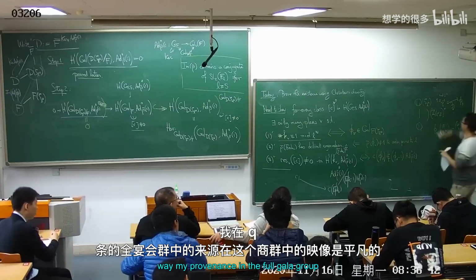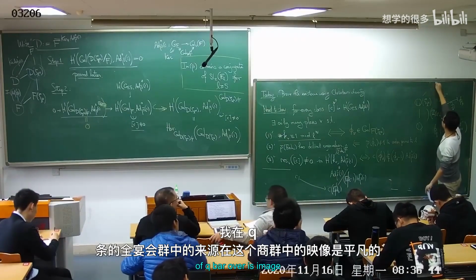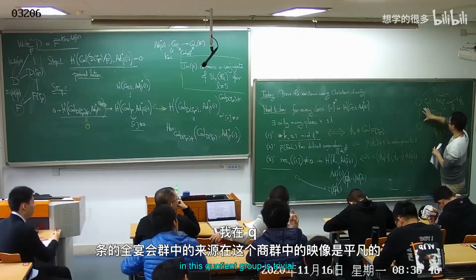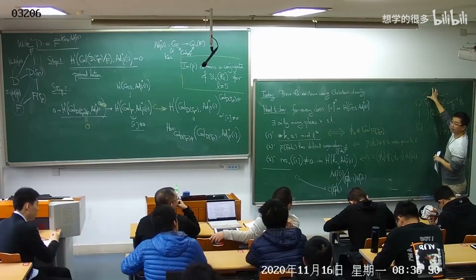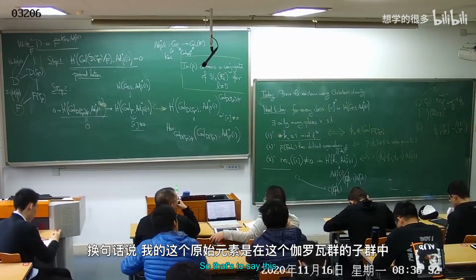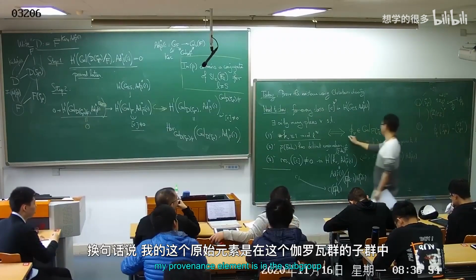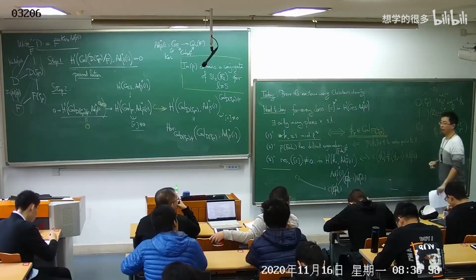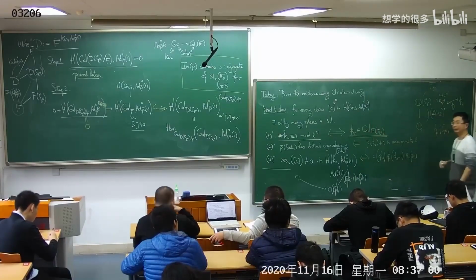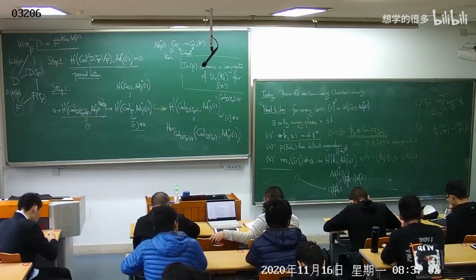Put another way, my Frobenius in the full Galois group of Q bar over Q, its image in this quotient group is trivial. That means it belongs to the subgroup here. So this Frobenius element is in the subgroup, the Galois group of F zeta L to the N. Okay.